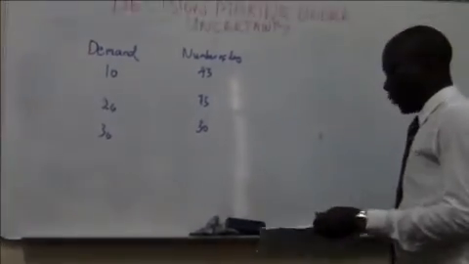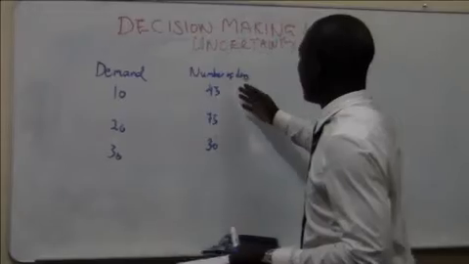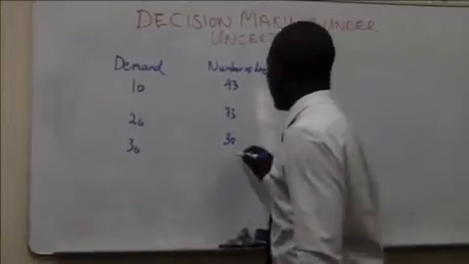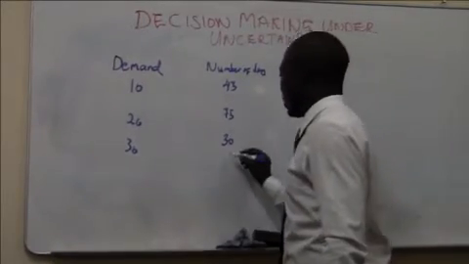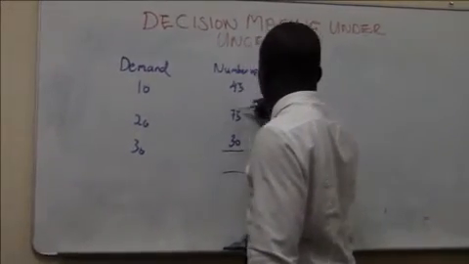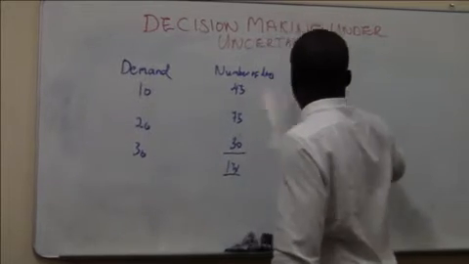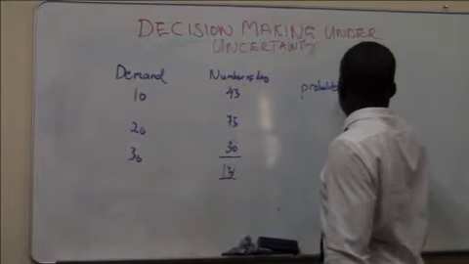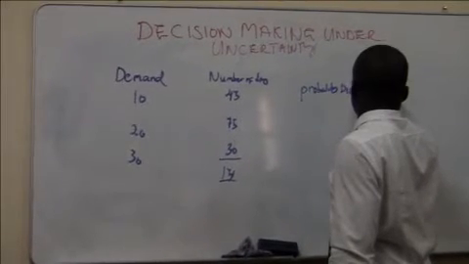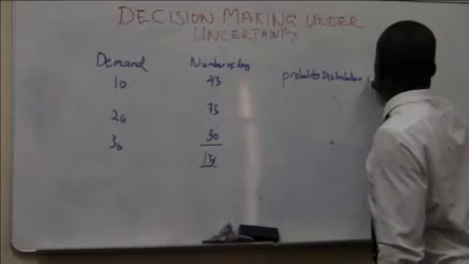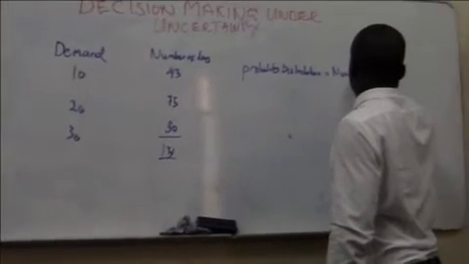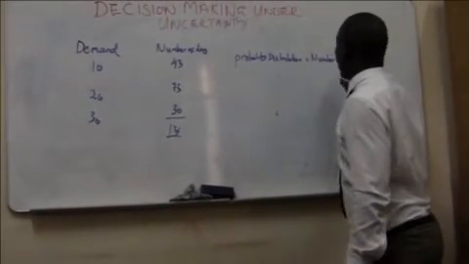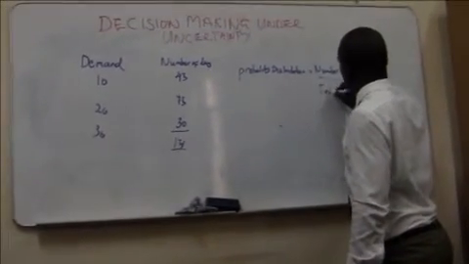So the first step is obviously to get the probability distribution, as we've not already been given it. This is fairly easy. You simply sum up the 3 to get the total, which is 150. The probability distribution will be equal to number of days over total population.